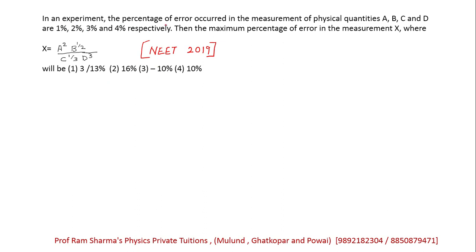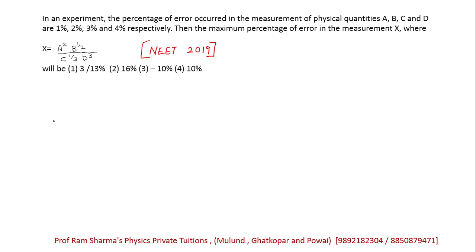In an experiment, the percentage errors in the measurement of physical quantities A, B, C and D are 1%, 2%, 3%, 4% respectively. Then the maximum percentage error in the measurement of X, where X is A² B^(1/2) C^(1/3) D³, will be. Let's solve straight away as we have done in NEET 2013.